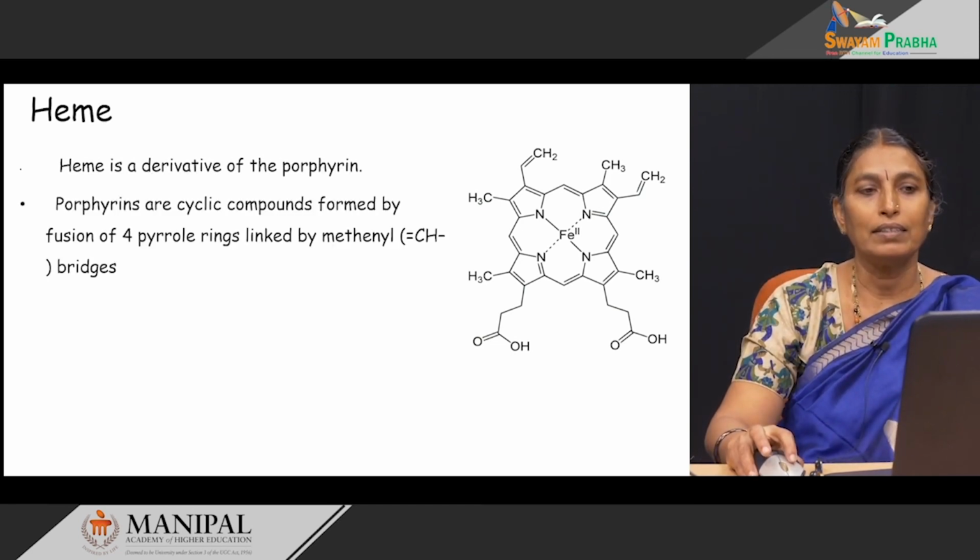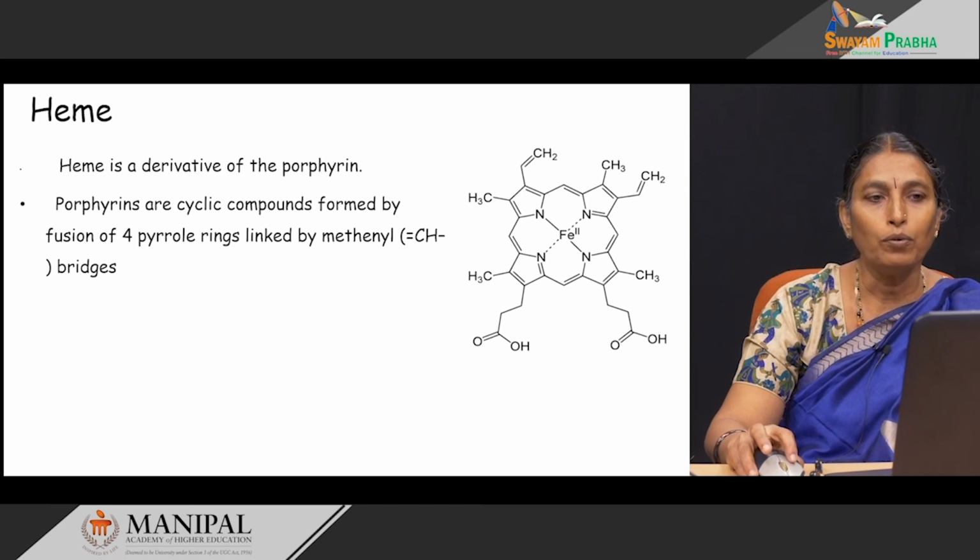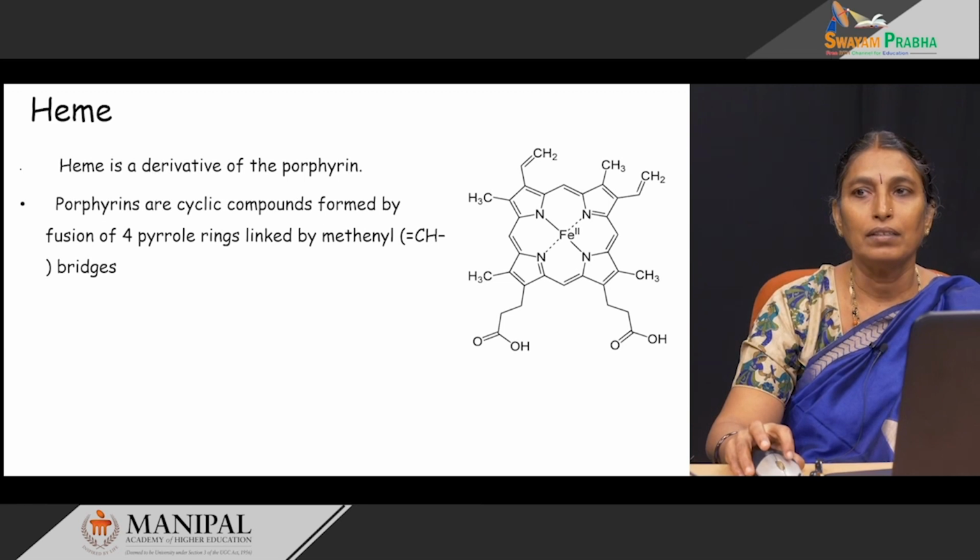These porphyrin rings are cyclic compounds formed by fusion of 4 pyrrole rings linked by methenyl bridges.